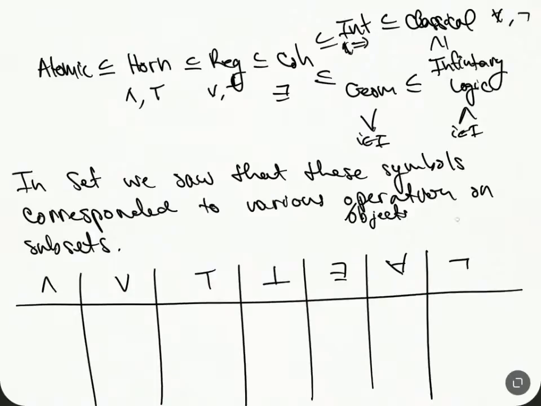So this is, let's say, the power set of some set X. This operation here was intersection, this was union. This operation corresponded to the top element. This corresponded to the bottom element.